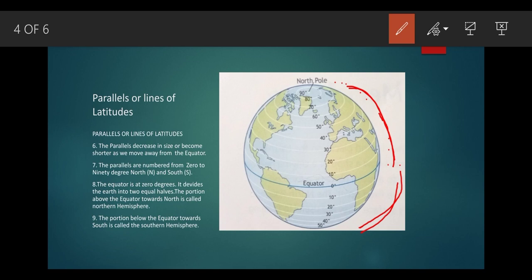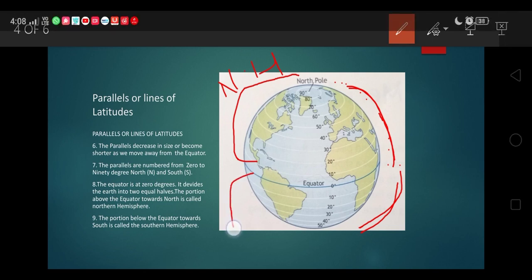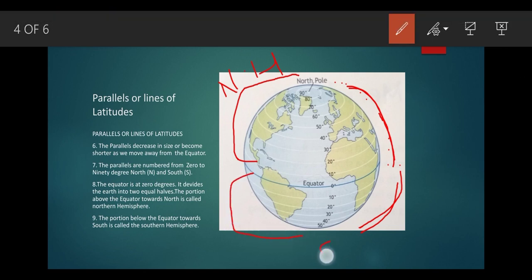So from 0 till 90 degree, these parallels are numbered either in the north direction or in the south direction. The equator is at the 0 degree. It divides the earth into two equal halves. The portion above the equator is called the northern hemisphere, and the portion that lies beyond or below the equator is called the southern hemisphere.